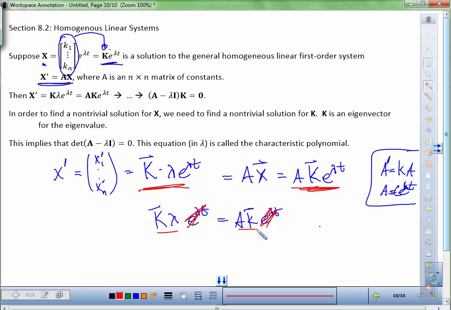And then we have a matrix times a vector equal to a vector times a constant. That's exactly the definition of the eigenvalue that we had. So A K equals lambda K, and this lambda is your eigenvalue.